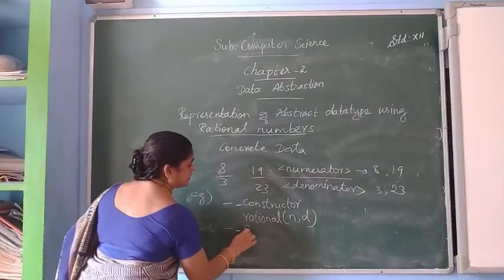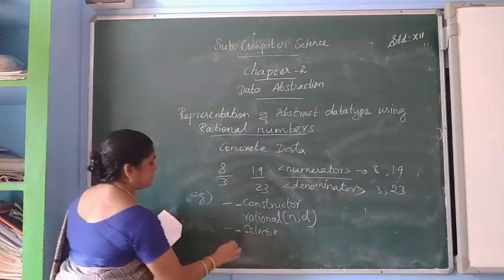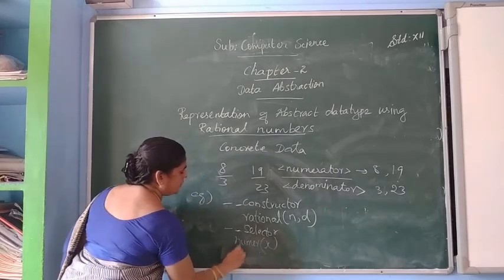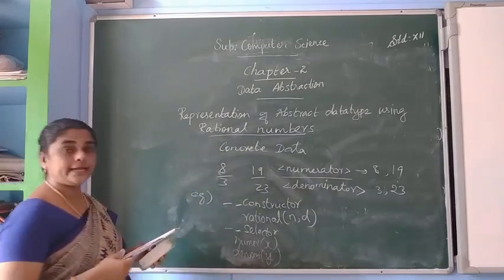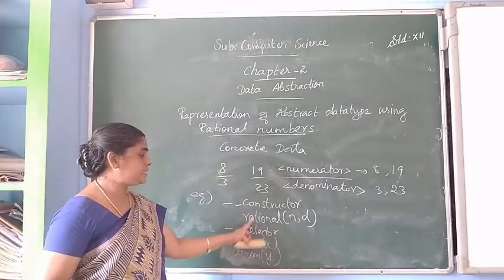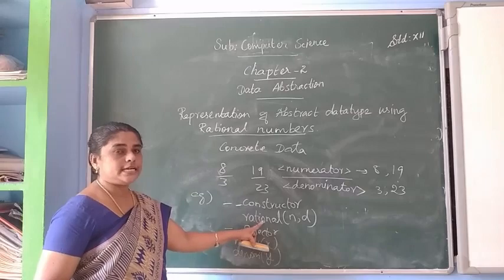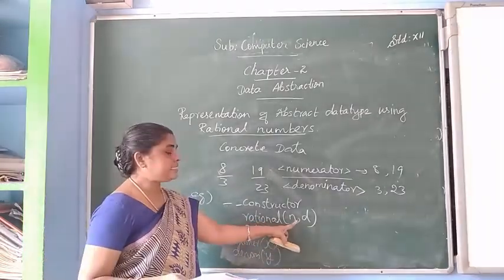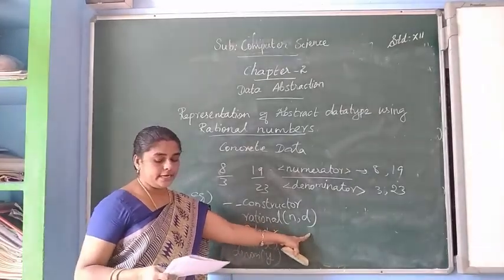Then next, the selector: numerator of x, denominator of y. Which one is the constructor? This one. Here we have made a constructor known as rational. The rational consists of two arguments, that is two parameters, n and d. n is for numerator and d is for denominator.